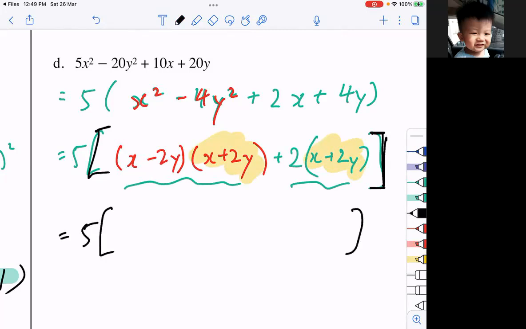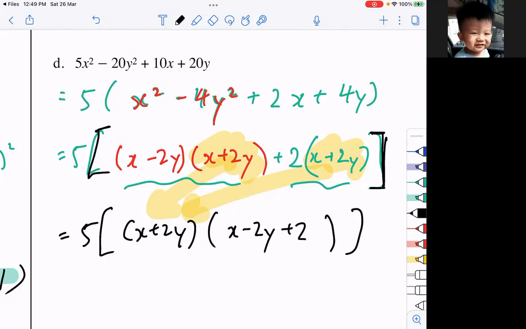Whatever I factorize, I usually write in front. Then I put these 2 here. Right? Then whatever is left, I put inside. What's left of term 1 without the yellow stuff? What is left of term 2 without the yellow stuff? Do I just write 2? This is the answer.